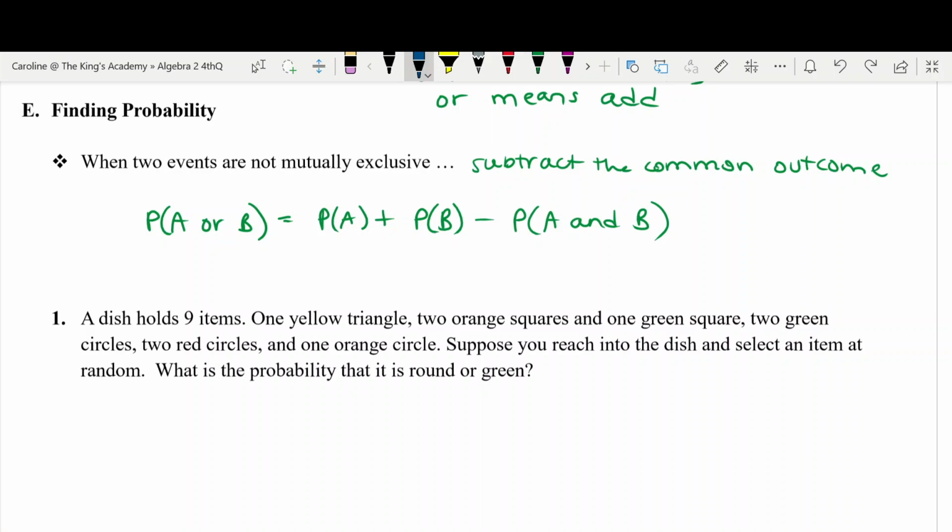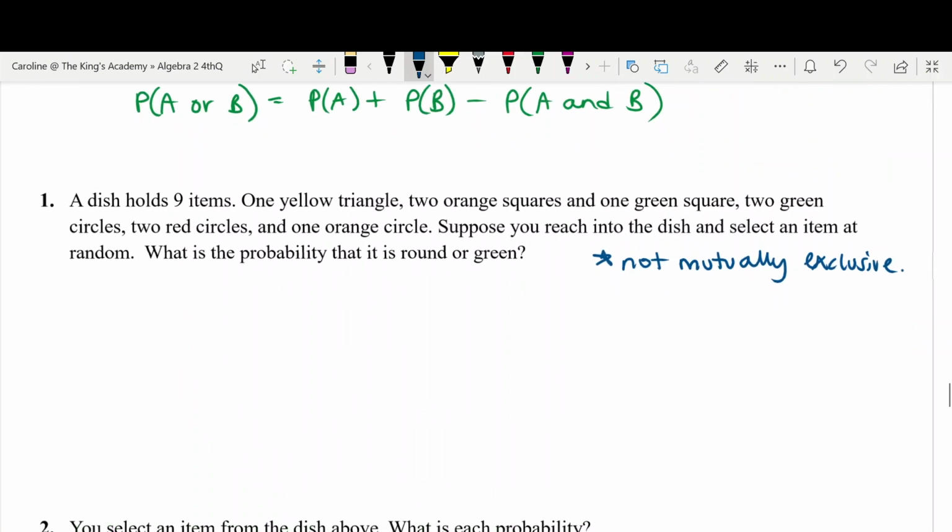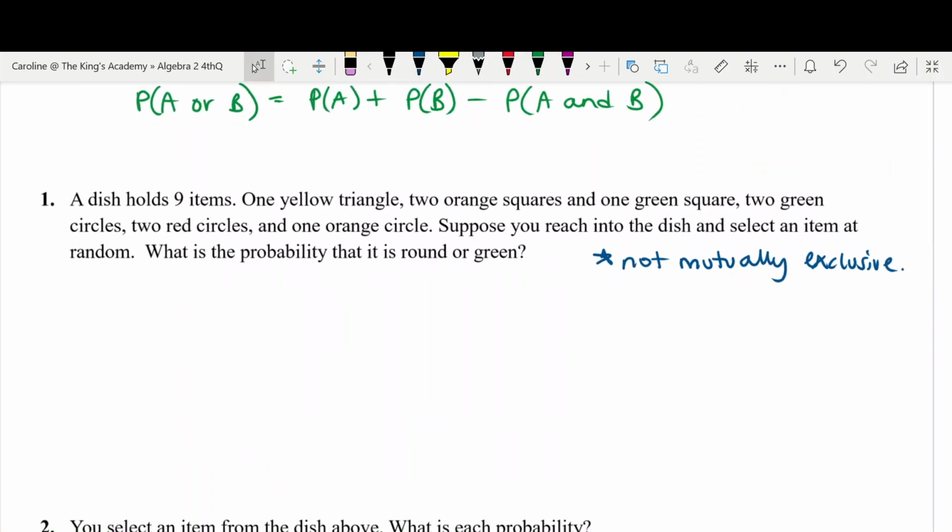Okay, so first things first, are there any that are both round and green? Yes, so these are not mutually exclusive. There is some overlap in these categories. So that's the decision to first make, that these are not mutually exclusive events. Some items are in both categories.